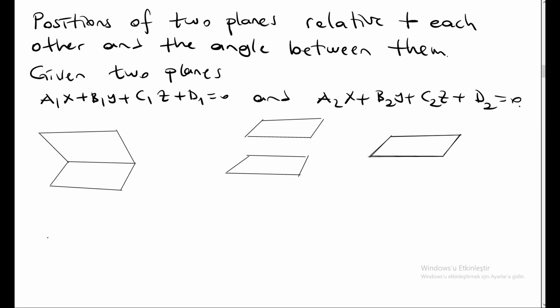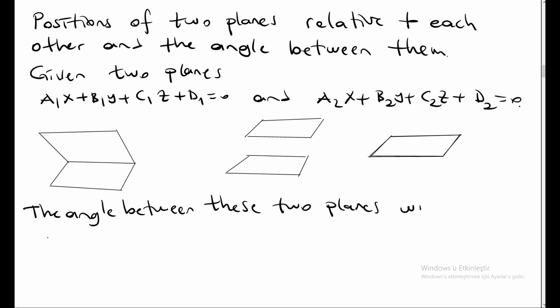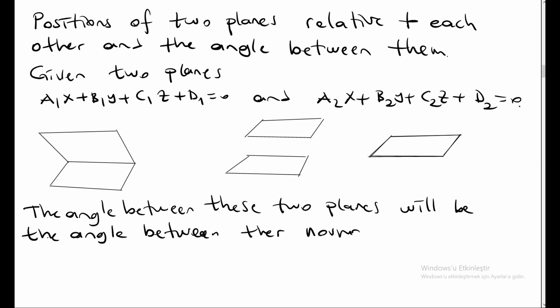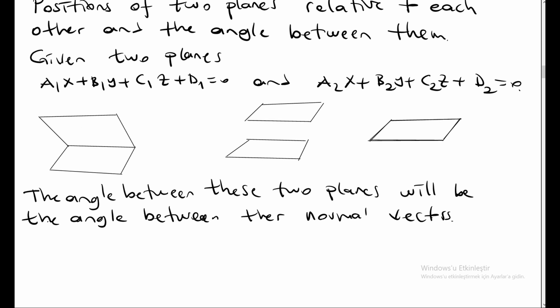So the angle between these 2 planes will be the angle between their normal vectors.